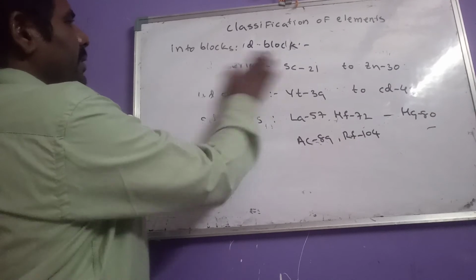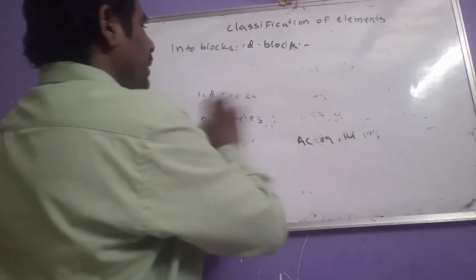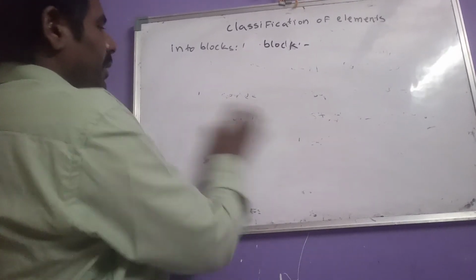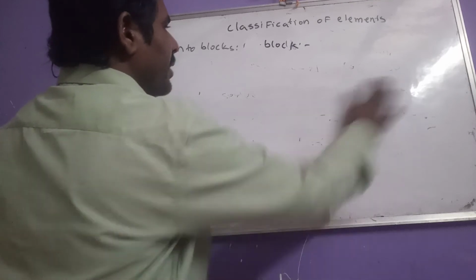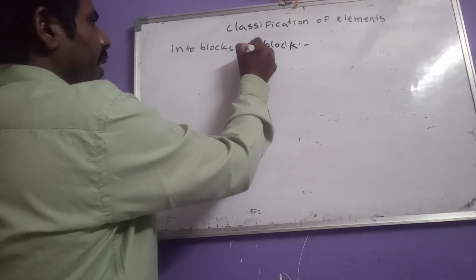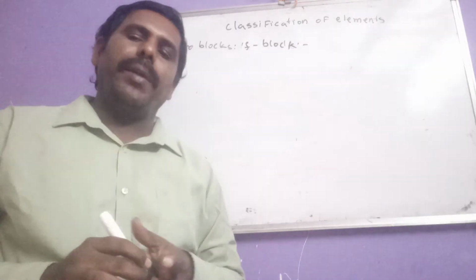Now let us go for f block elements. What is the definition of f block elements? The elements in which the differentiating electron enters the f subshell are known as f block elements.